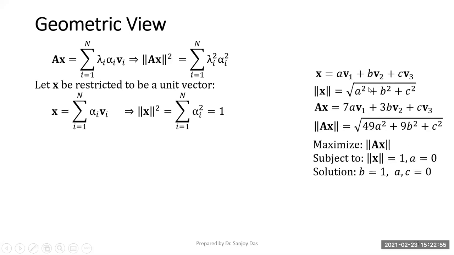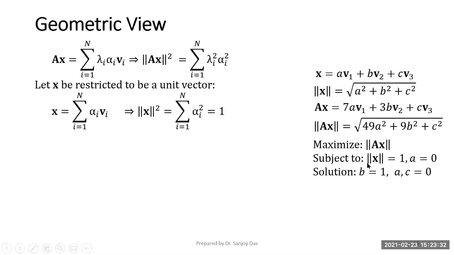So now we have to adjust a, b, c satisfying this constraint, a squared plus b squared plus c squared equals 1. But now we are forced to let a equal 0. So how can we maximize this? If a equals 0, we have 9b squared plus c squared. And we simply let b equal 1 and c equal 0. So we are left with 9. So the length of Ax would be equal to 3 in that case.